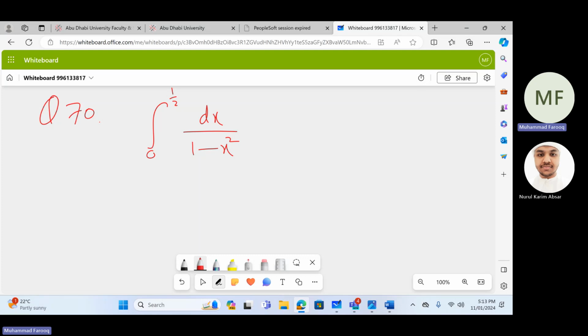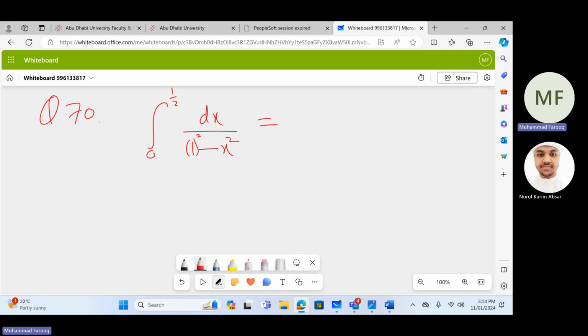Now look at this. 1 I can write as 1 squared, so this is my a squared minus u squared. Open the formula sheet. Which case? First, second, third, fourth, fifth? Third case.